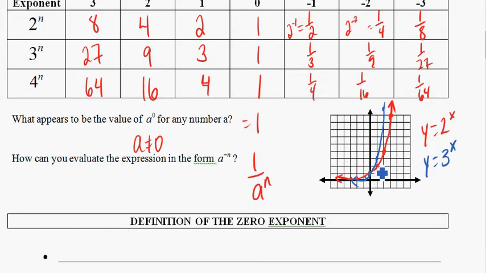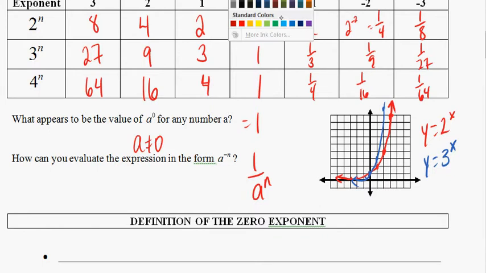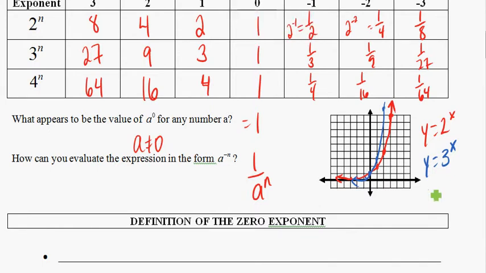We can do the same thing with y equals 4 to the x, and we'll just notice that it's going to go through here at 4, 1, and then 1/4. So it gets steeper and steeper as that base gets bigger and bigger. Alright, so graphically we can see why it makes sense to have anything to the 0 power be 1.